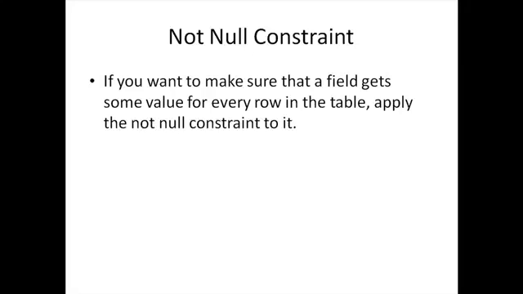Because if, while populating the table using the insert statement in SQL, you miss giving the value for the ID field for any row, then you would get an error message and the insert statement won't be processed, right? So that's the utility of the not null constraint, and we'll be checking out the syntax of it and everything while discussing the create table statement.